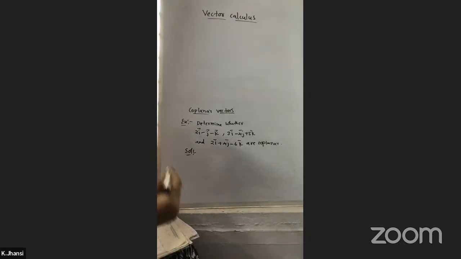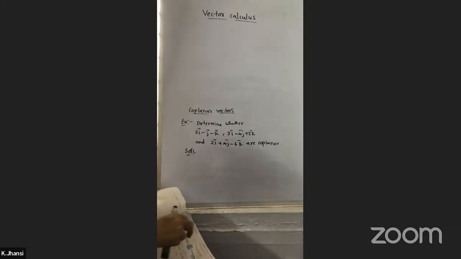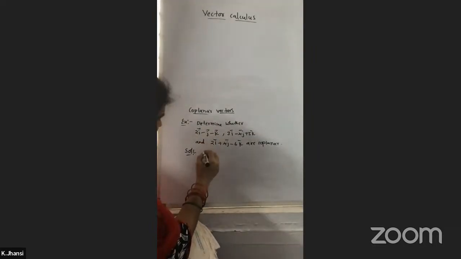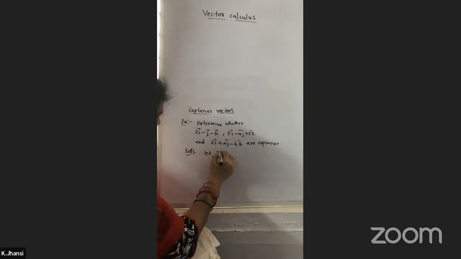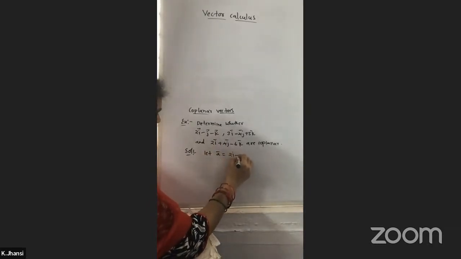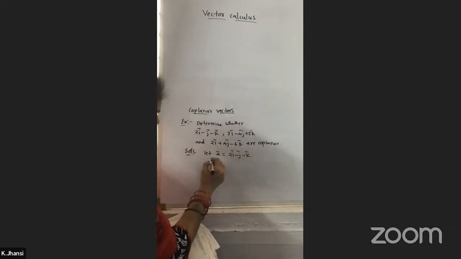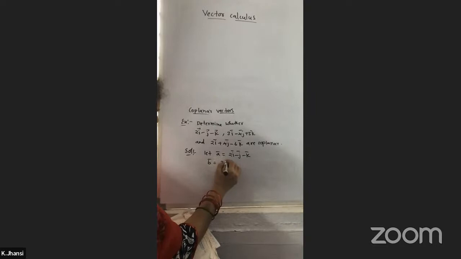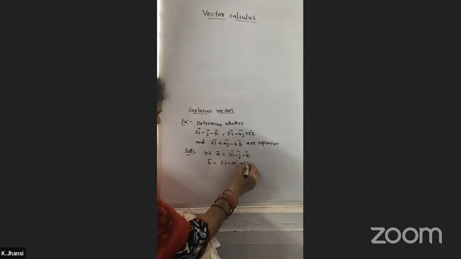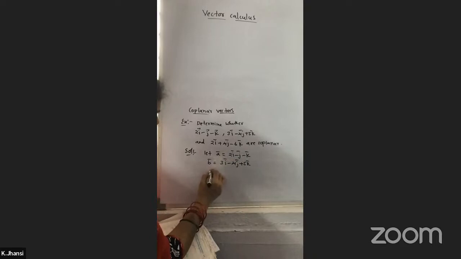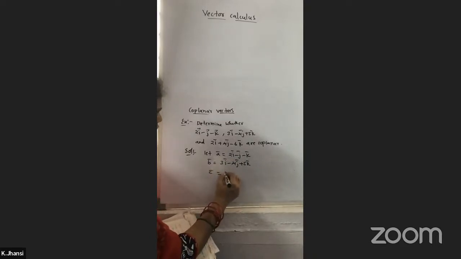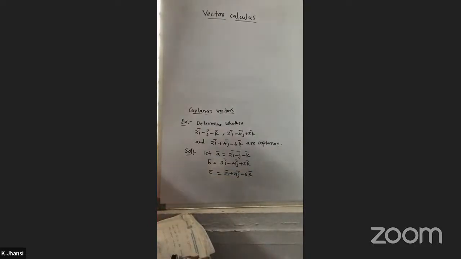So shortcut method we are doing this one. So we can represent them as A, B, C vectors. We can take here, let A is equals to 2i minus j minus k. B is equals to 3i minus 4j plus 5k. And C is equals to 2i plus 4j minus 6k. Okay.